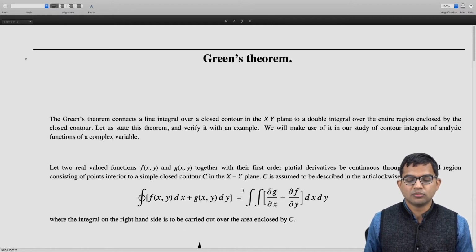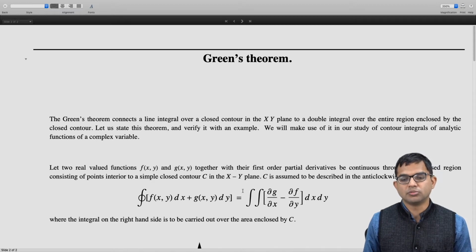The Stokes theorem is a bit more general, but let's argue for the Green's theorem in this lecture.